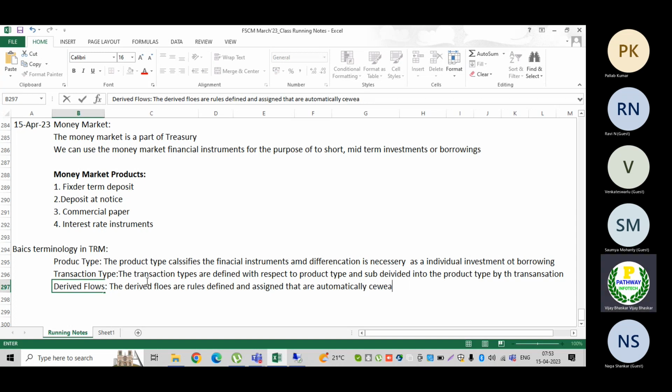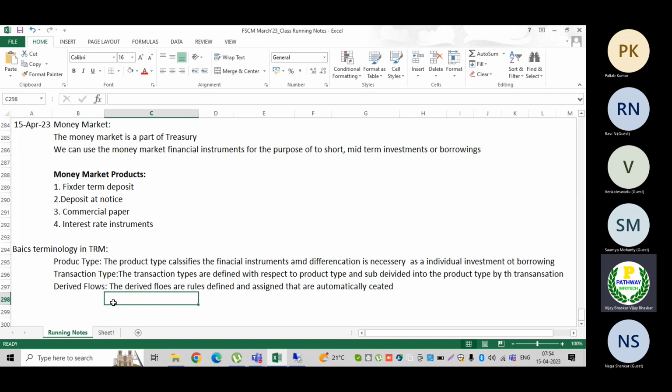So here we need to understand that there are two types of flows in Treasury. What are the two types?